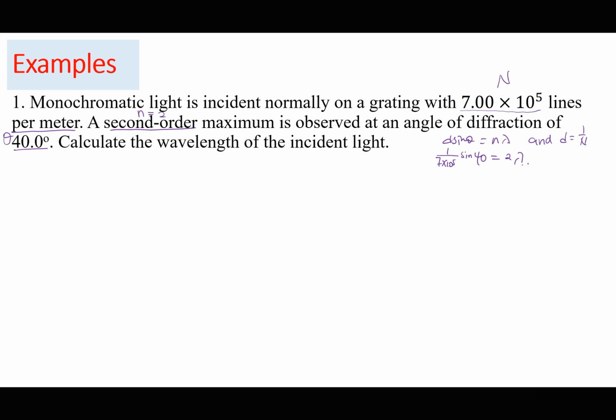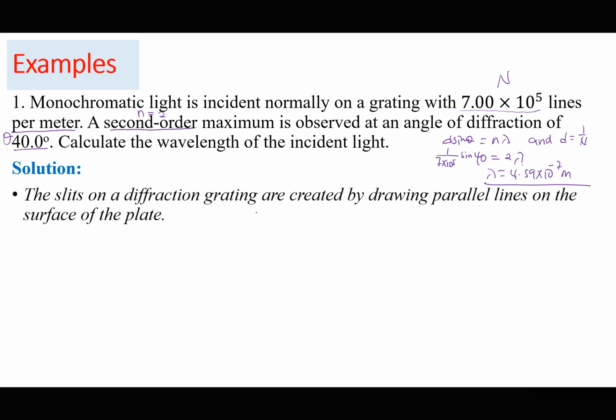Sine of 40 divided by 7 exponent 5. Then I divide by 2. So this is giving me lambda as 4.59 times 10 to the power of minus 7 meters. So that is the wavelength.